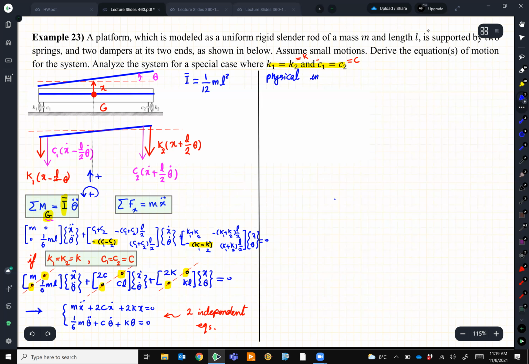Physical interpretation. So we say we have two modes. Mode number one, let me draw it.